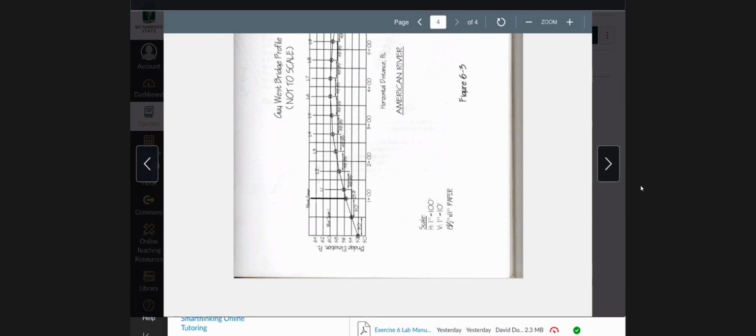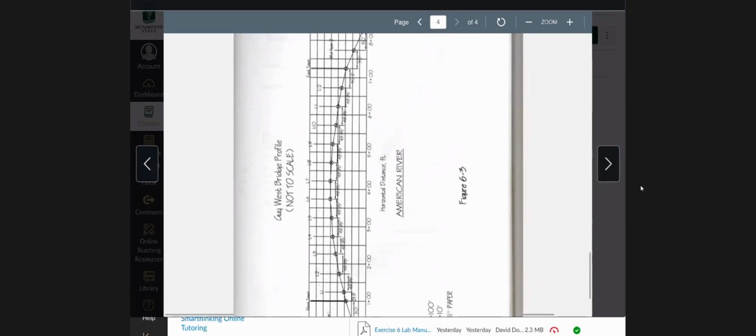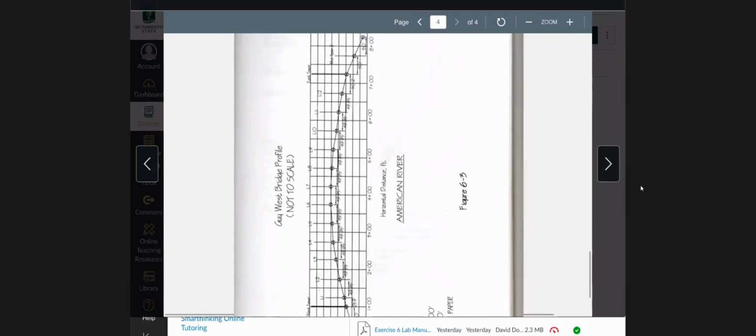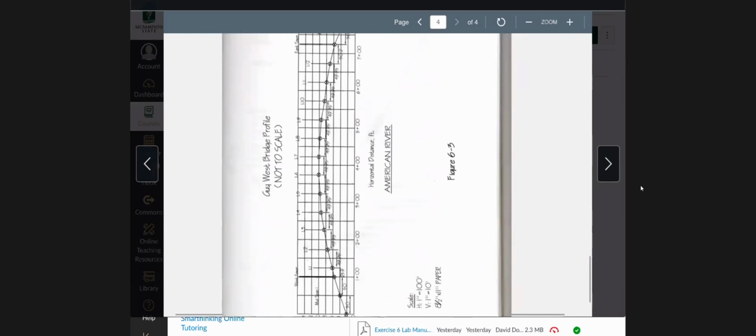You just draw it and then just make sure you clearly label which of the graph paper lines are the elevation that you're labeling and which graph paper line is the station that you are labeling, okay? Thank you. Okay.